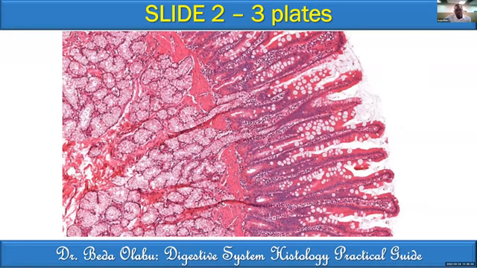Let me see in the chat, which part of the GIT could this be? So just put it on the chat, I'll read. I'll not mention your name, but I'll check what you people have written based on the 3 levels of magnification I've given you. Which part of the alimentary canal could this be?